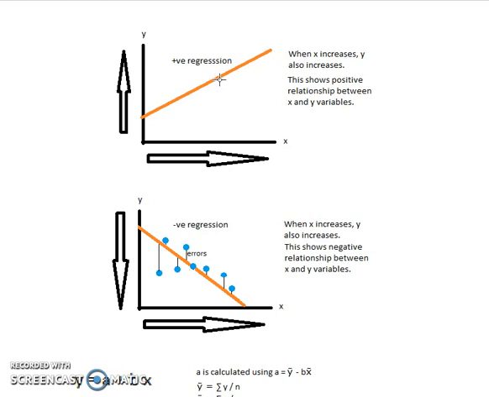Now, there could be another relationship that shows a negative relationship, meaning an increase in x would decrease y. You can see here, this shows a negative relationship.